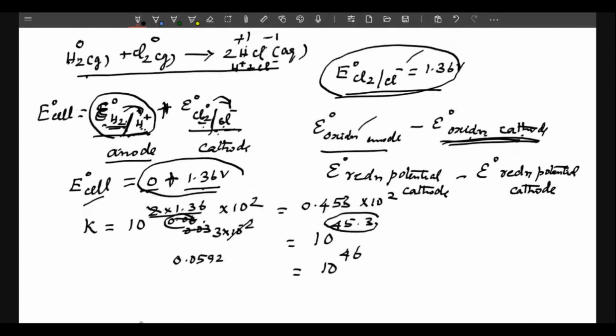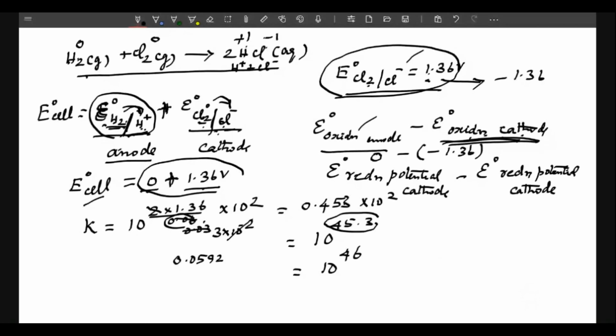Or now we are going to use the oxidation potential of hydrogen is 0 minus. What is oxidation potential of the cathode? Here reduction potential is given. What is this oxidation potential? Minus of 1.36. Now you put this as minus of 1.36.